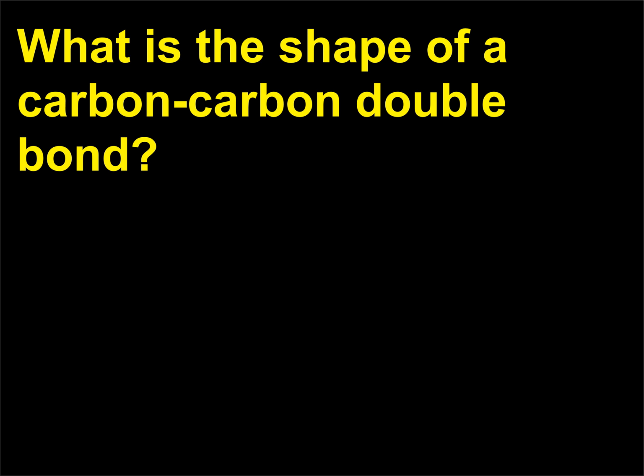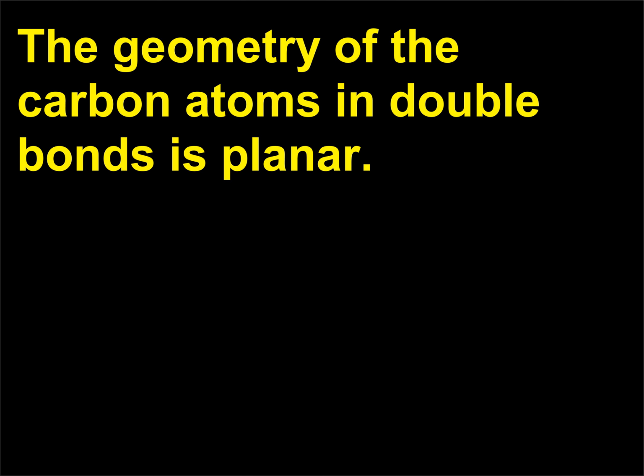What is the shape of a carbon-carbon double bond? The geometry of the carbon atoms in double bonds is planar.